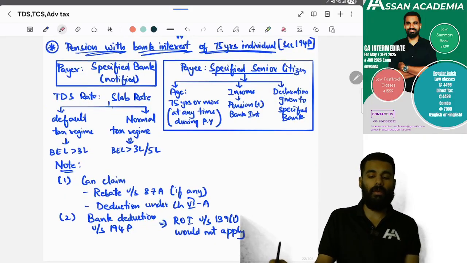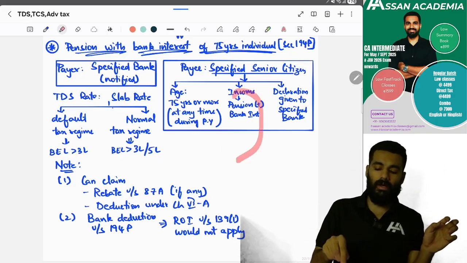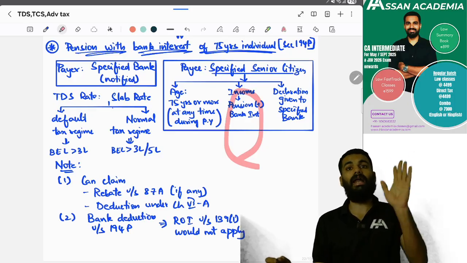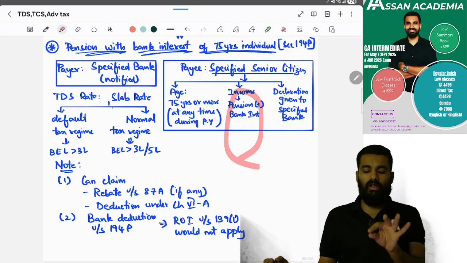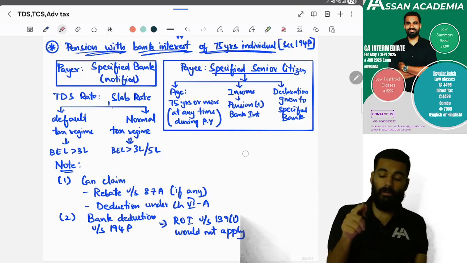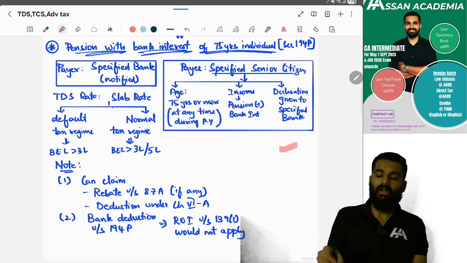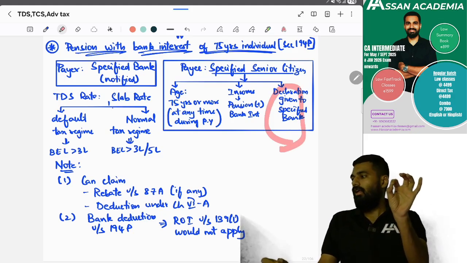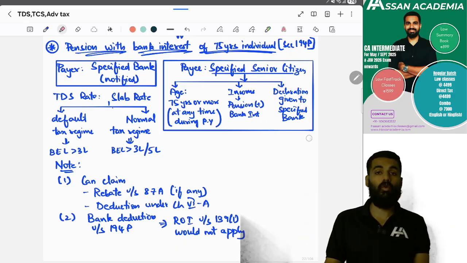Next, section 194P. For whom is 194P? Where a person is getting pension, and his income is only pension and bank interest, SB interest, FD interest, and this person is 75 years or more, then he has to give a declaration in the bank that he has only this kind of income, and the bank should deduct under 194P.